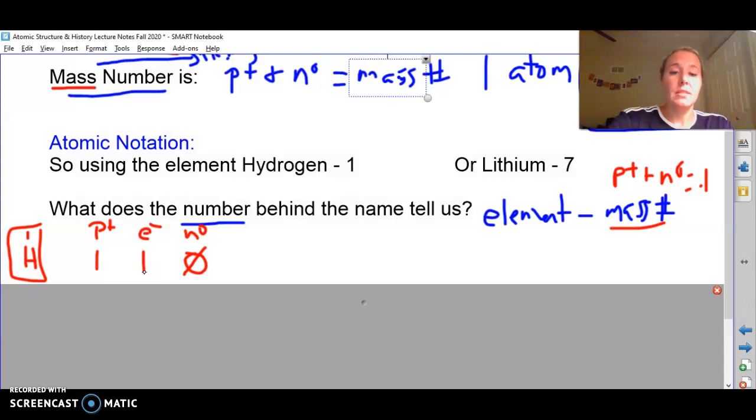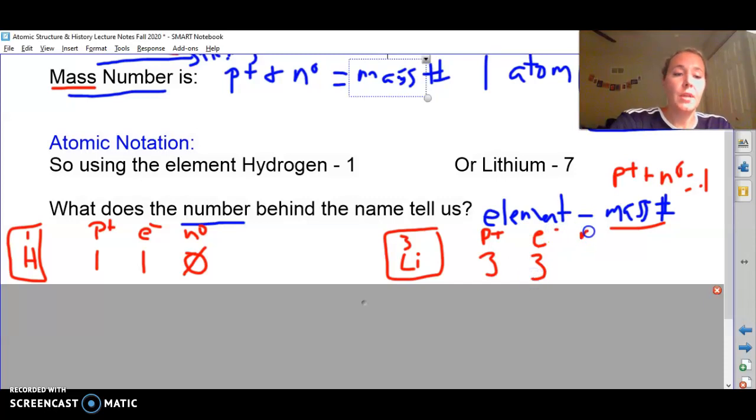For this lithium-7, if we look at lithium on the periodic table, it's atomic number 3. That atomic number tells us how many protons there are. Electrons, all atoms are neutral, so there's 3. And then neutrons, we have to solve for it, okay?